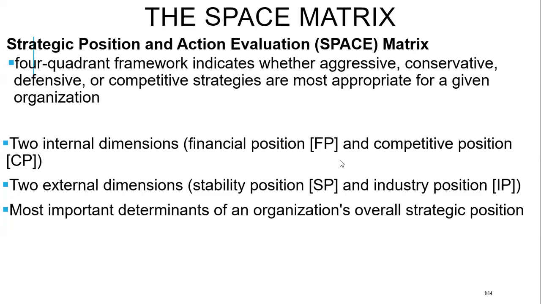So the space matrix is normally plotted on the X and Y graph, or what has now become known as the Cartesian plane, which means you will have, let me bring out my pen. Say X and Y, it's something like this.